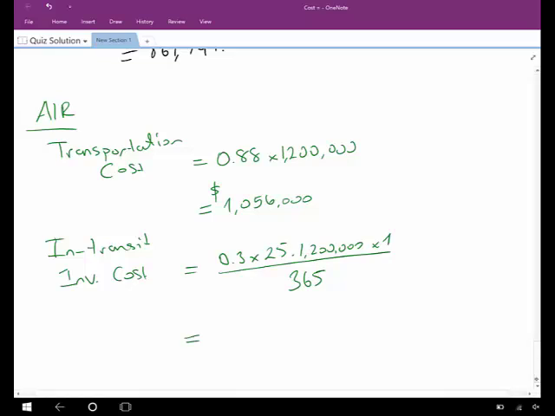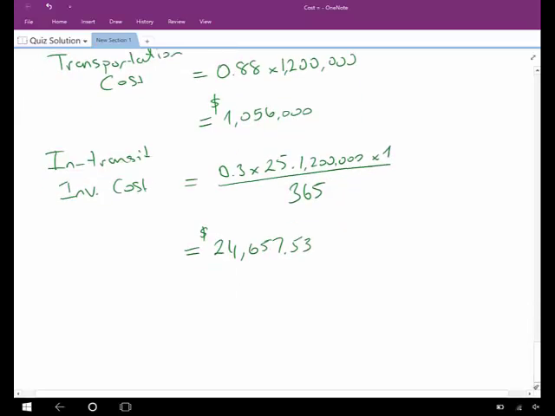So the in-transit inventory cost is equal to $24,657.53.